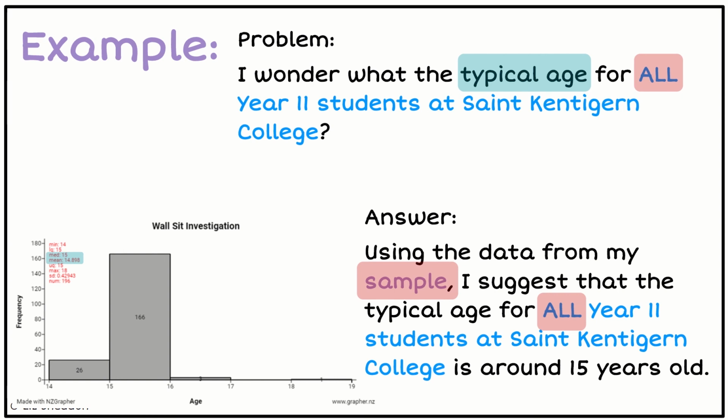On my graph, the biggest peak is between 15 and 16. So the answer about what the typical age is going to be is around 15 years old. And that would be my answer.